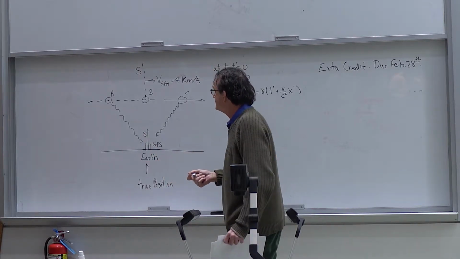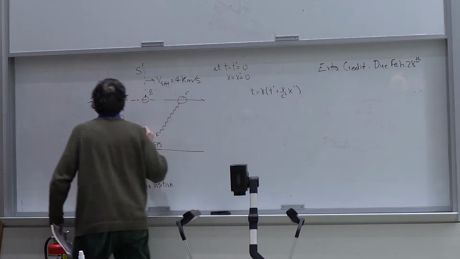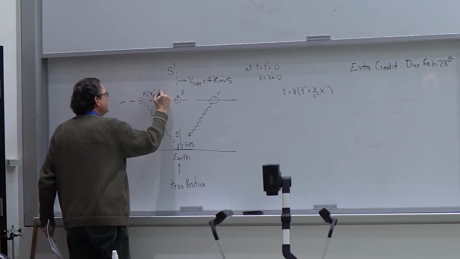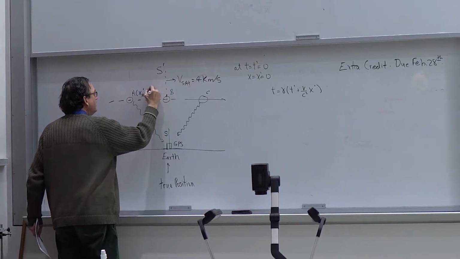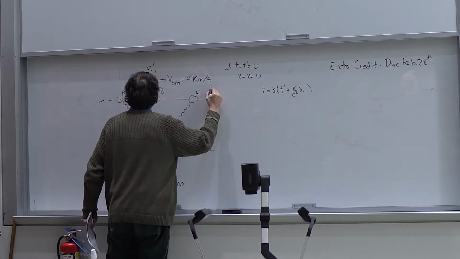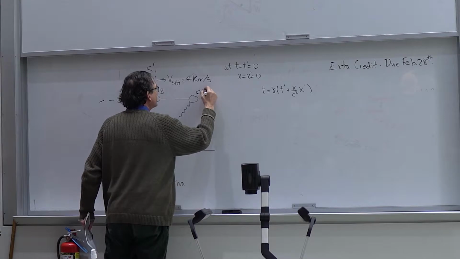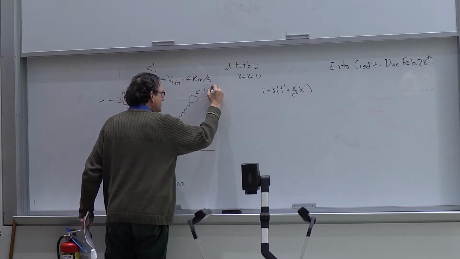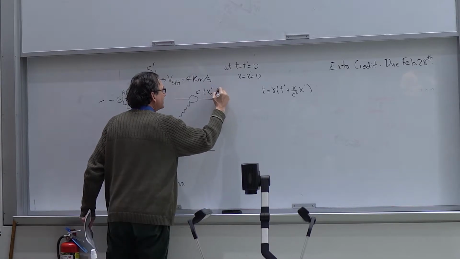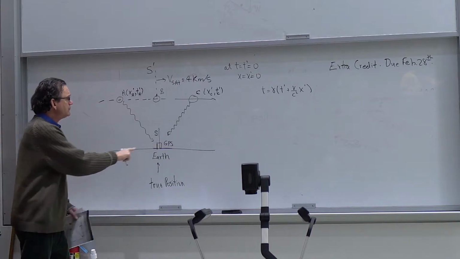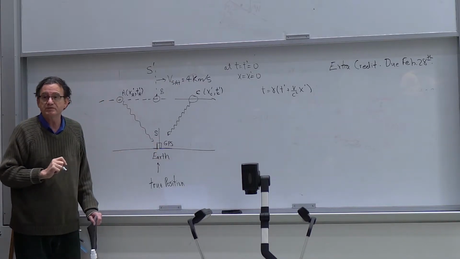If this satellite transmits its coordinates xa prime, emitted at a time ta prime, and this satellite, which we call C, emits a pulse at a position xc prime and at a time tc prime, then the GPS unit here will receive those two signals.